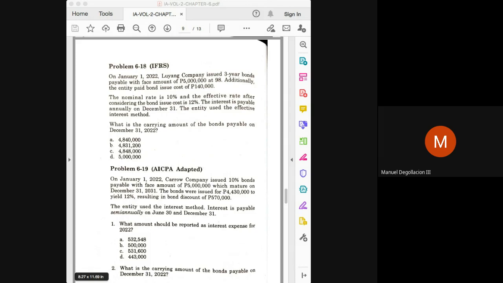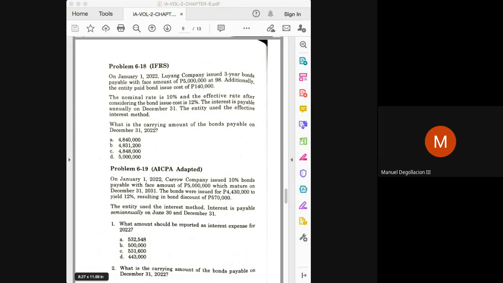But to simplify the treatment, just deduct the bond issue cost from the price to arrive at your initial carrying amount. The good thing with this problem is that we are already given the effective interest rate that already took into account the bond issue cost. So the challenge on your part would simply be to determine the initial carrying amount. To do that, simply deduct the bond issue cost from the price of the bond.